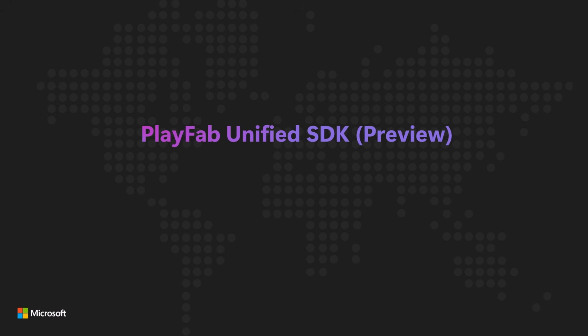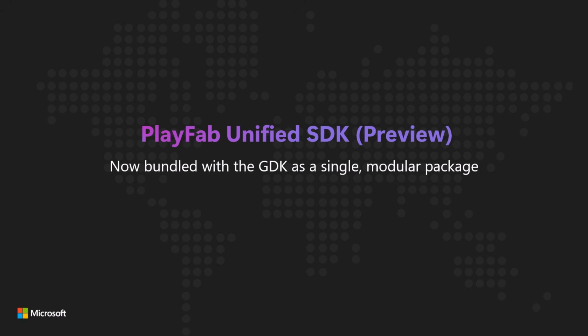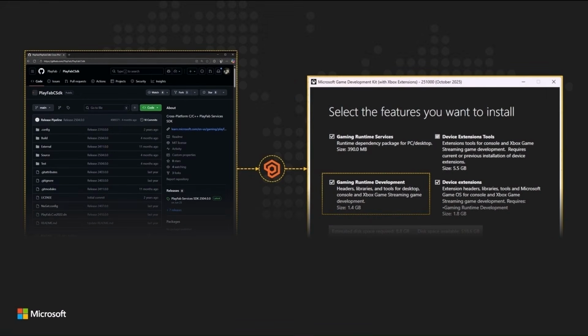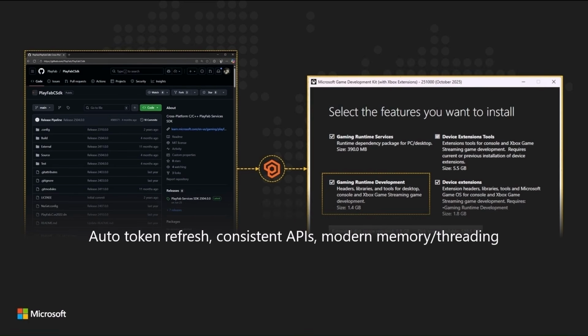The PlayFab Unified SDK Preview. The PlayFab Unified SDK is now included with the GDK as a single modular package that replaces several separate SDKs. It delivers consistent APIs, modern memory and thread handling, and automatic token refresh, streamlining integration while cutting authentication and concurrency issues.